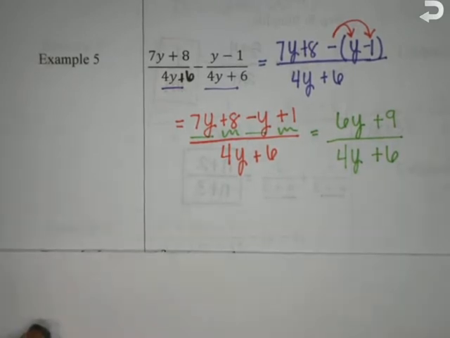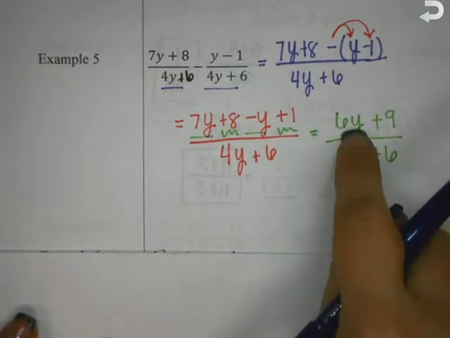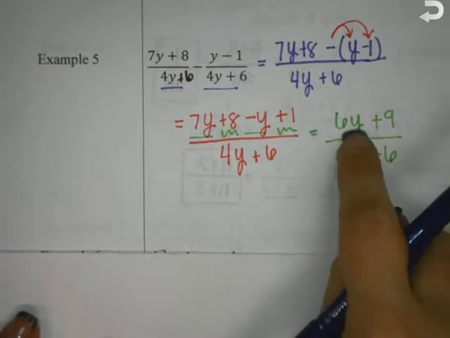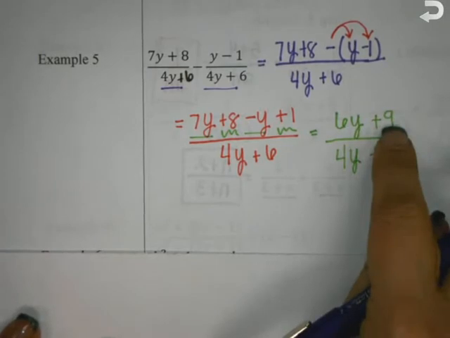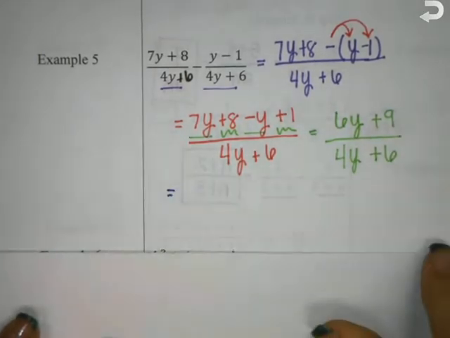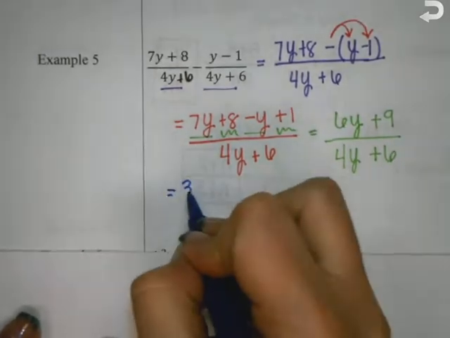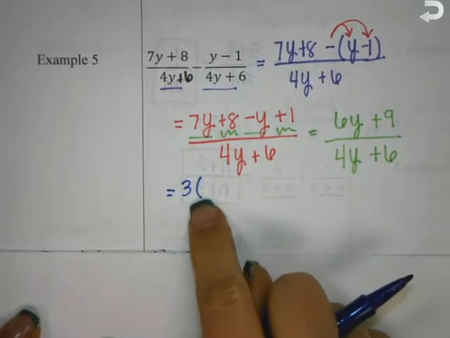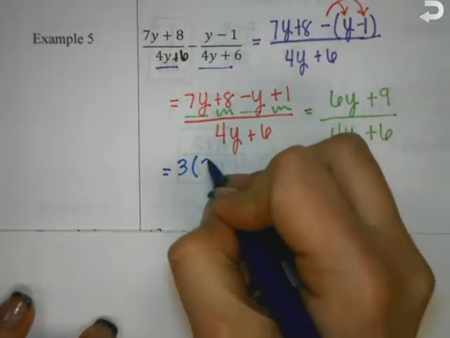What's the GCF in the numerator? 3. So if I factor out a 3, it's going to be 2y plus 3. And in the denominator, geniuses, what's the GCF? 2. Very good, 2.